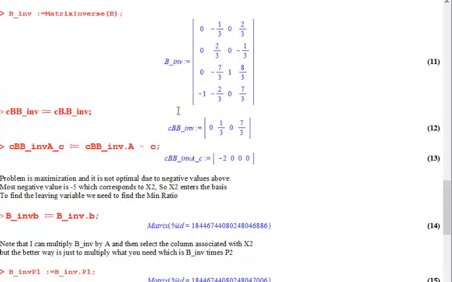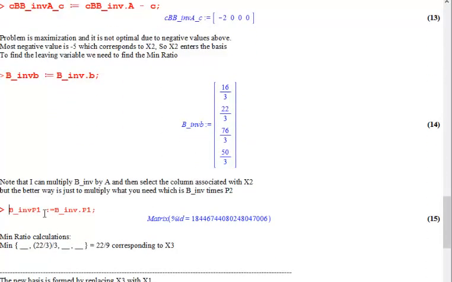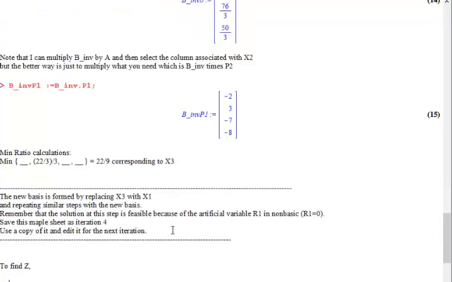These are my optimality conditions, and as I look at them, there is a negative number in here, and that number happens to be under the x1 column, x1, x2, x3, and s1. So this is x1 column, so x1 is my entering variable. To do the calculation to identify which variable needs to leave the basis, I will be calculating B inverse P1 because x1 is entering variable.